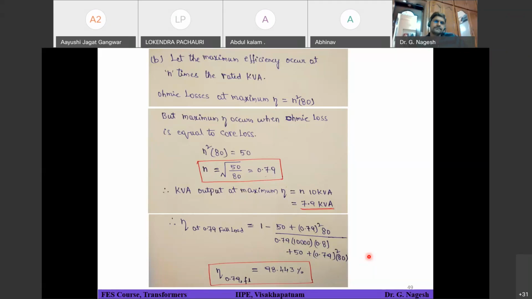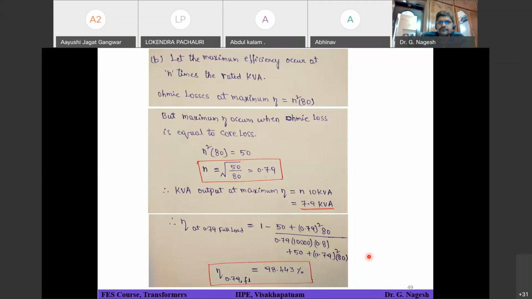So we have discussed regulation and efficiency, and the models of the problems will only be this much. There will not be many models, because it's calculating efficiency, and efficiency at maximum load we have already seen. I think we have discussed some 4 models in the complete transformer chapter.